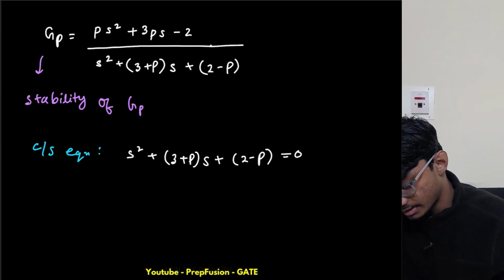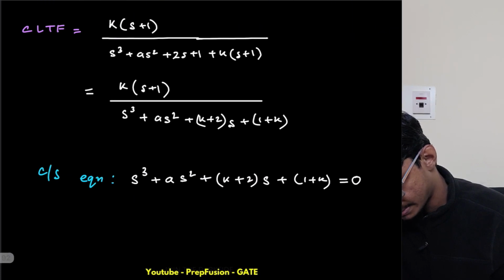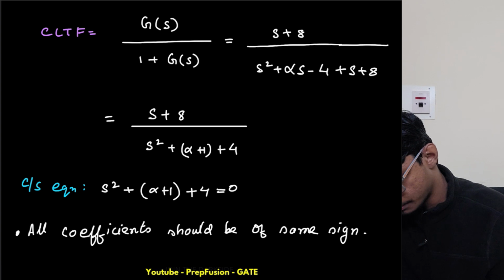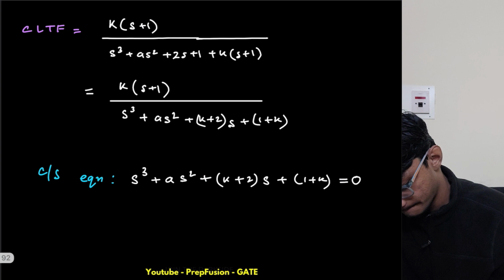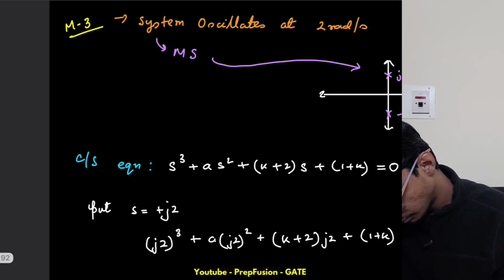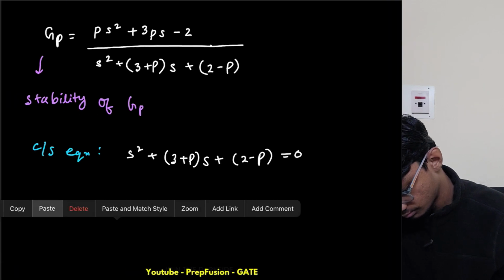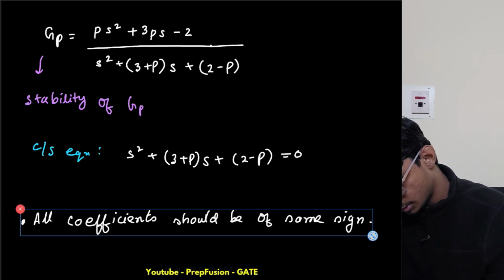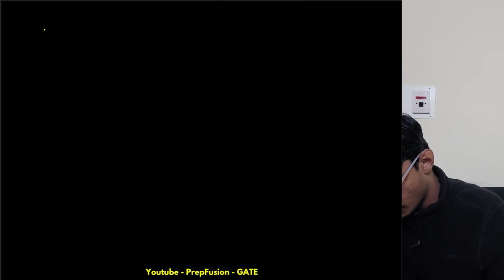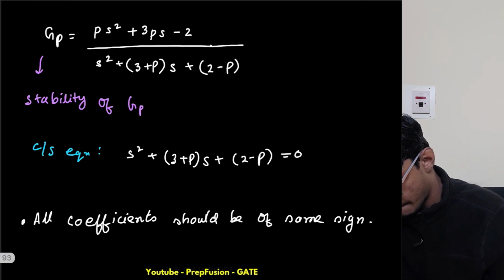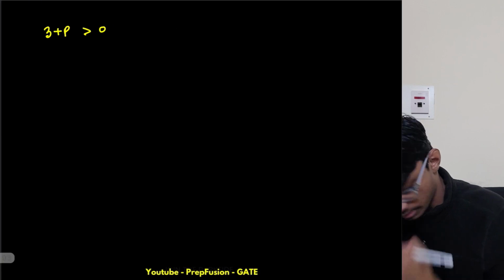So again I will write the conditions. 3 plus p should be greater than 0, and this should be one of the conditions.